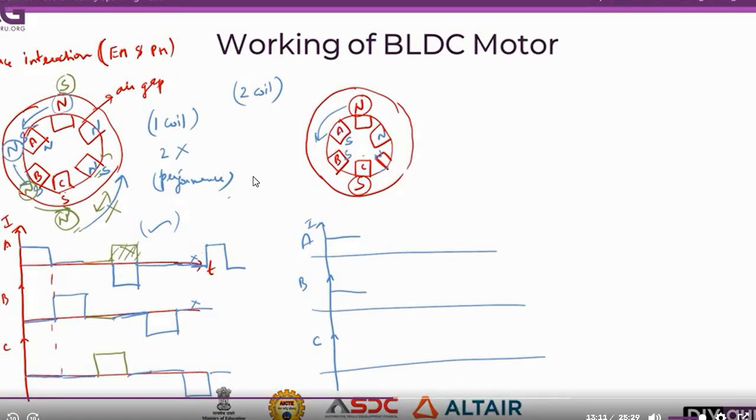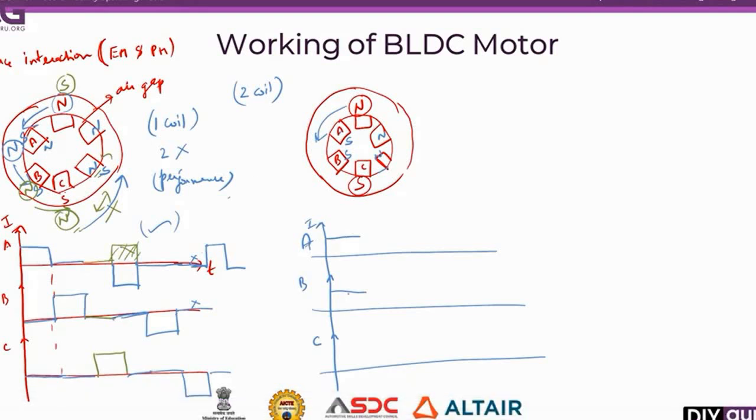So I am energizing coil A and coil B. So the permanent magnet will reach at a faster rate. Then at that time coil C is not energized.